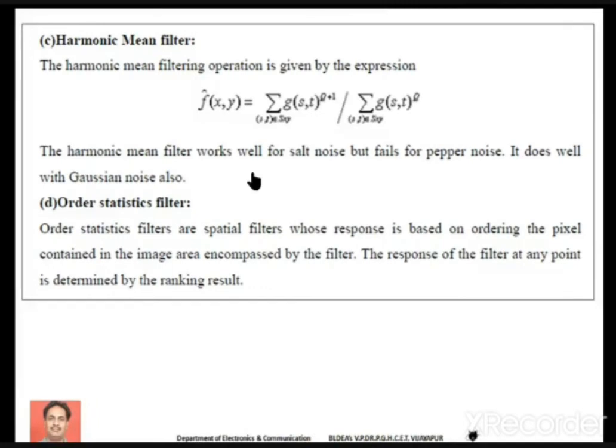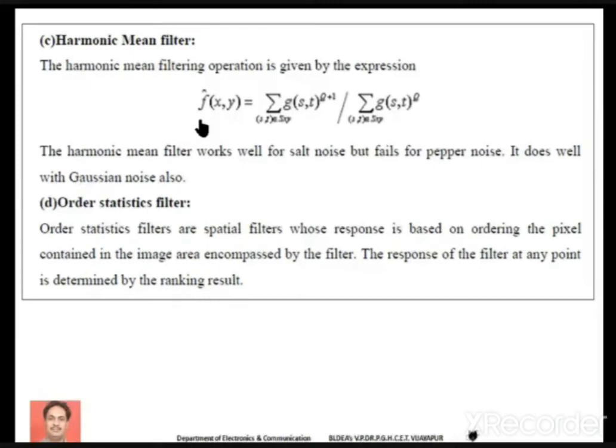Salt noise indicates white dots in the image, and pepper noise indicates black dots in the image. So this harmonic mean filter works better for salt noise, but fails for pepper noise, and it even does well with Gaussian noise. So this is about the harmonic mean filter.